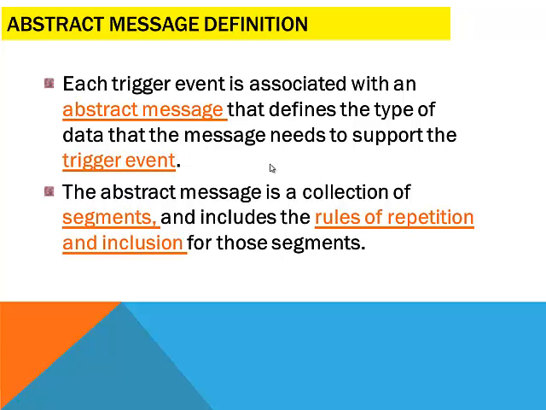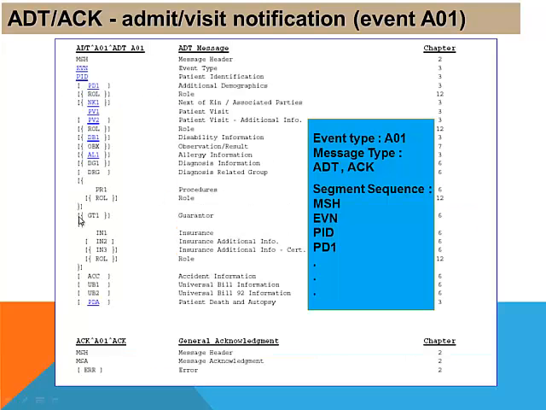As we just saw, the abstract message is a collection of segments and includes rules of repetition and inclusion for those segments. Okay?